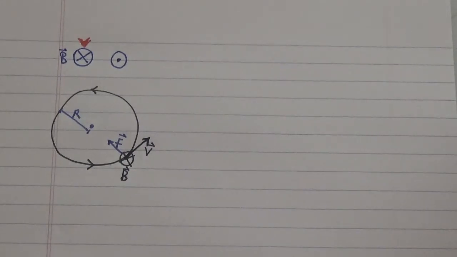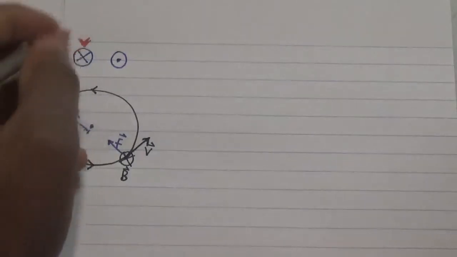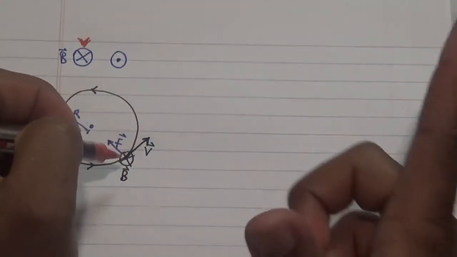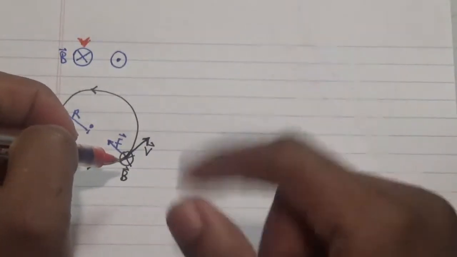Now let's look at the centripetal force. We know that in this case, our magnetic field, which is at 90 degrees with the velocity, gives a sine 90, which is equal to 1.